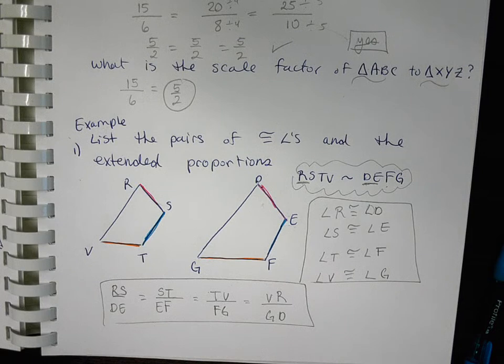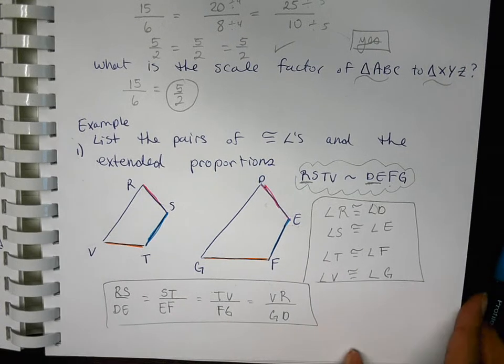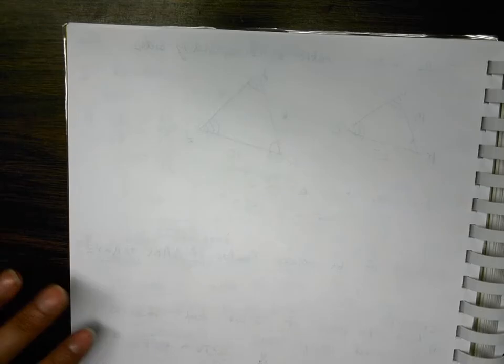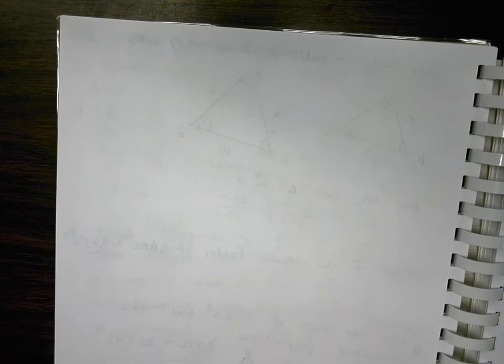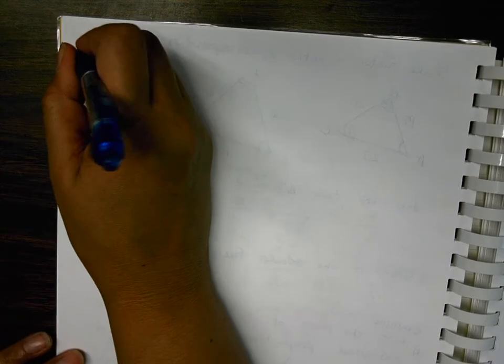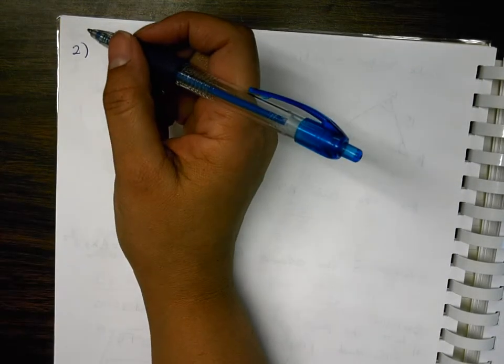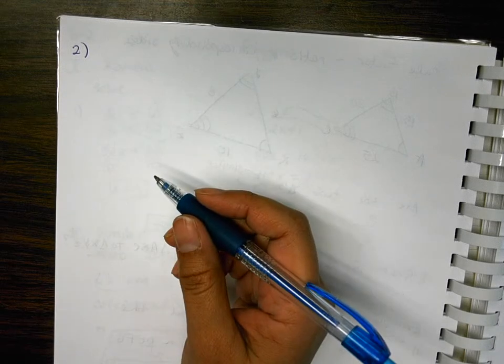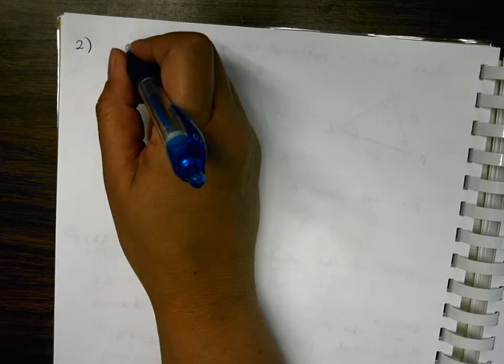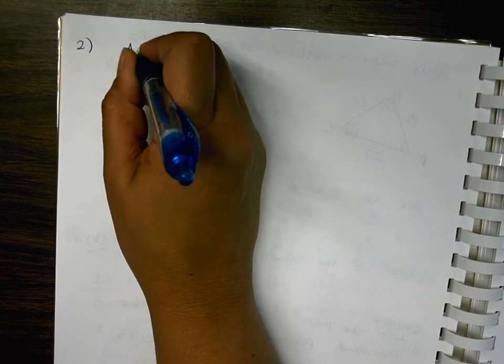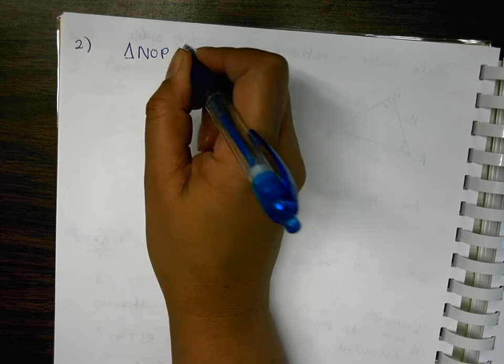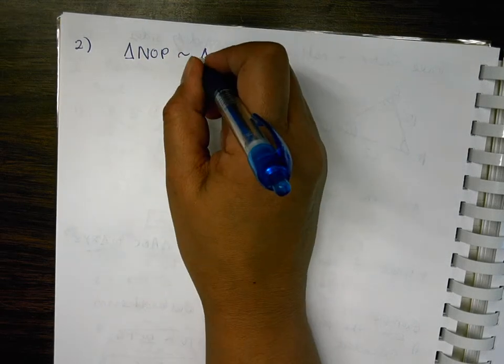You ready? Okay, number 2. Triangle NOP is similar to triangle WXY.